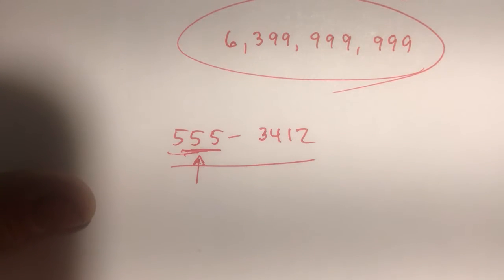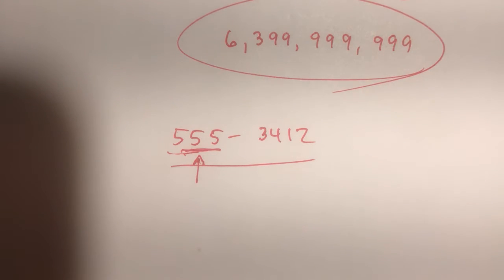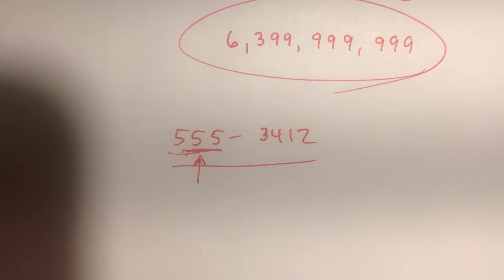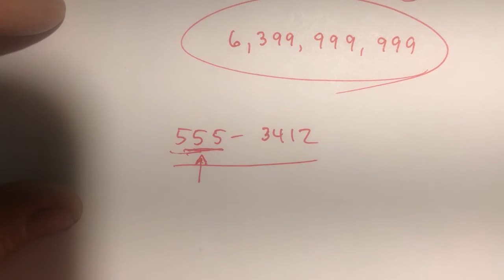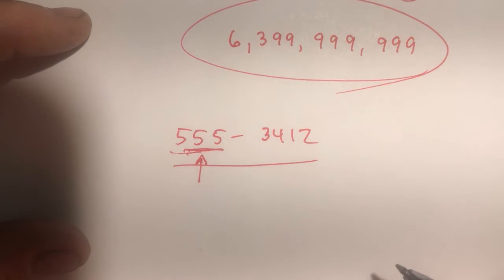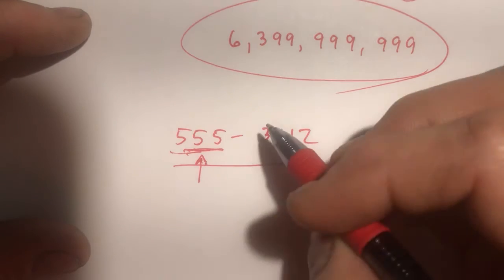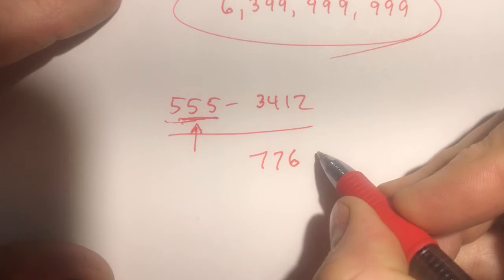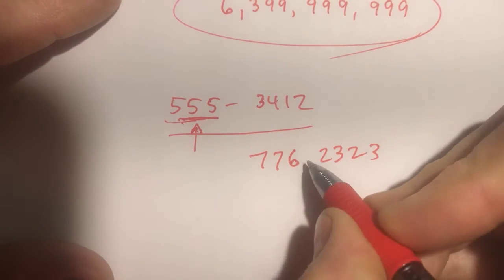There was a movie out a few years ago, you may have seen it, Bruce Almighty. In that movie, there was a telephone number that was supposed to be to call God. I had it written down here. Yeah, here it is: 776-2323.